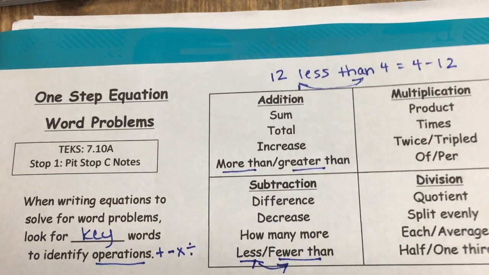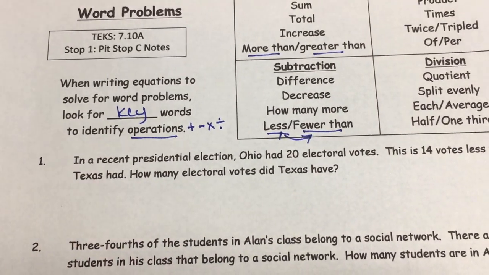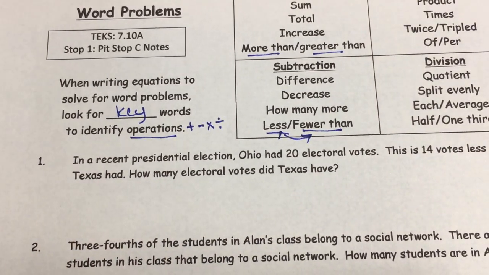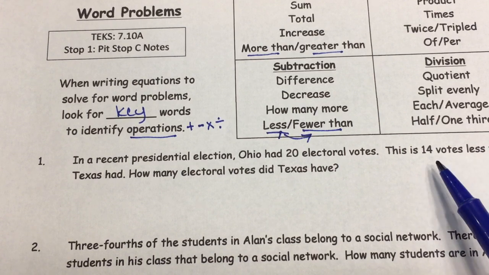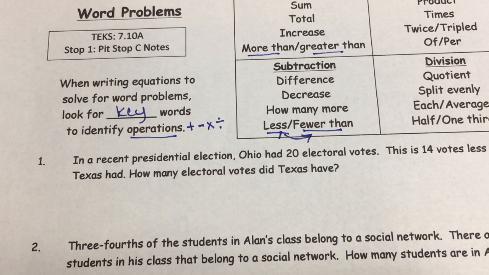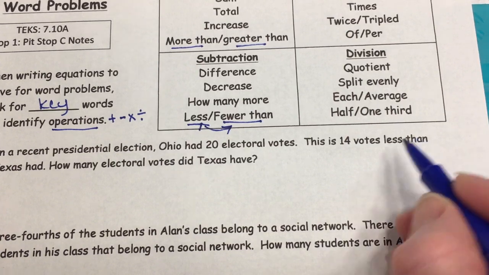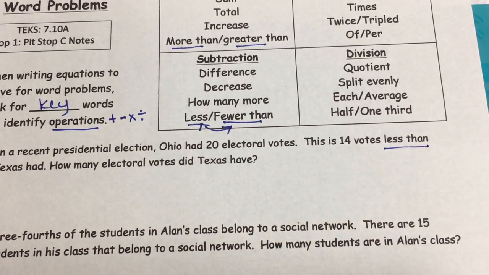Okay, so let's look at some examples. In a recent presidential election, Ohio had 20 electoral votes. This is 14 votes less than Texas had. How many electoral votes did Texas have? All right, so if I just went back over that and tried to figure out what the keywords were, hopefully you would pick up on the less than part.